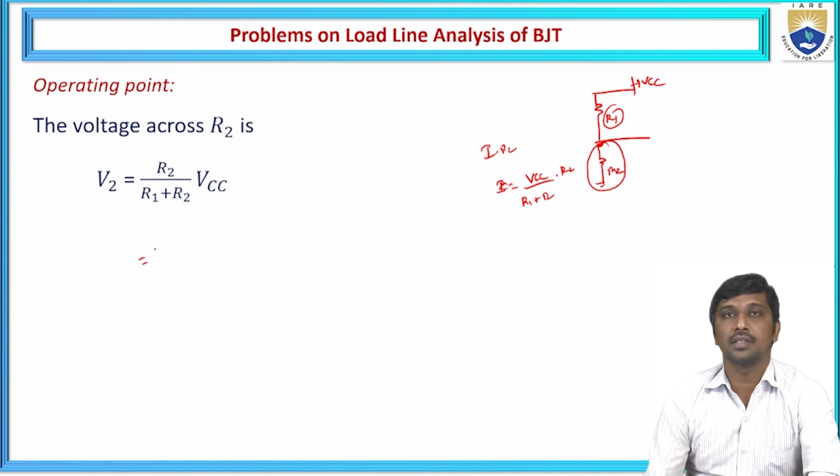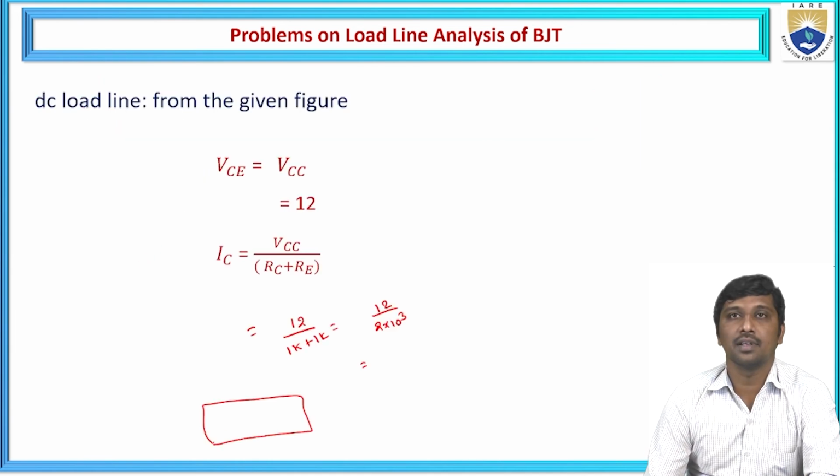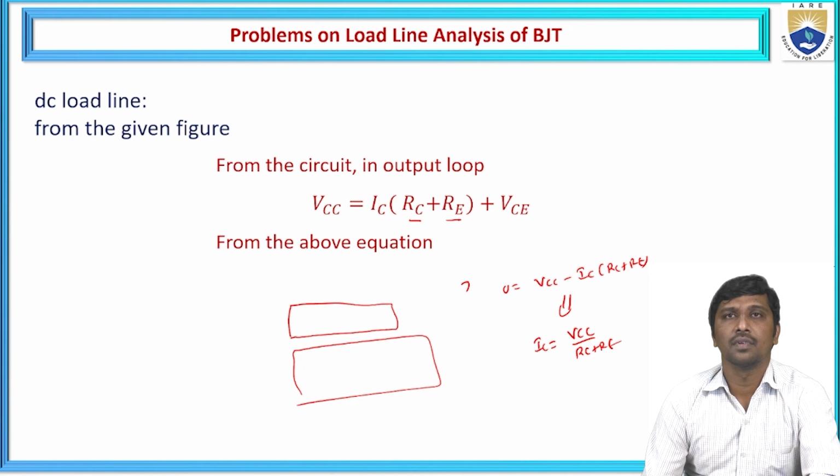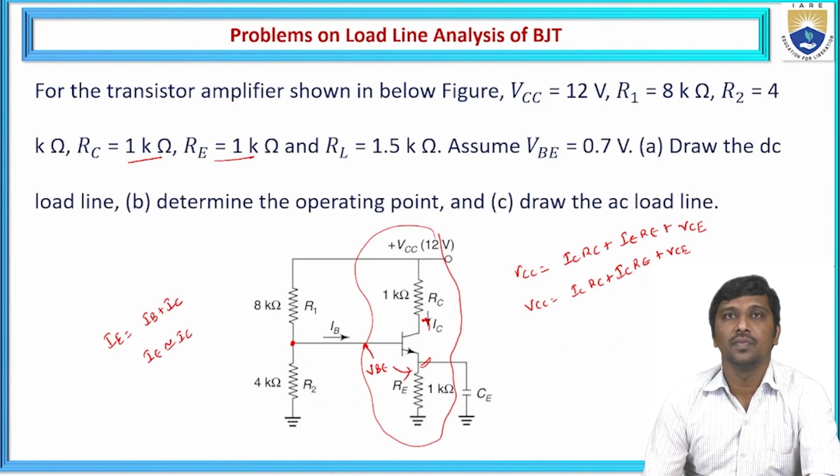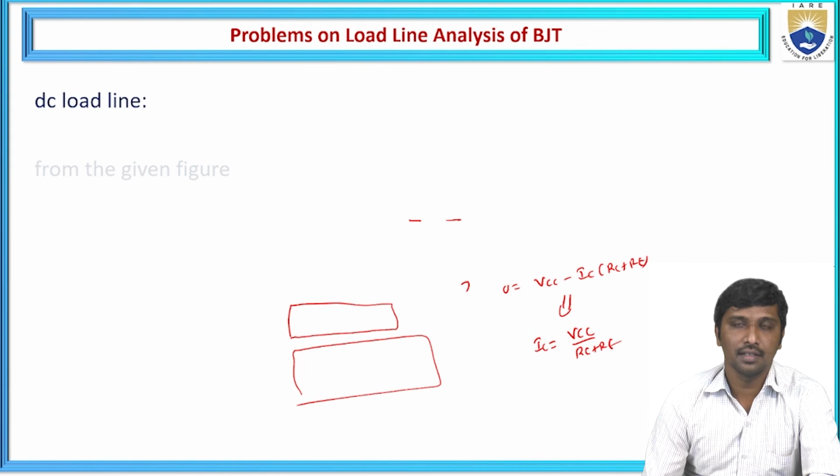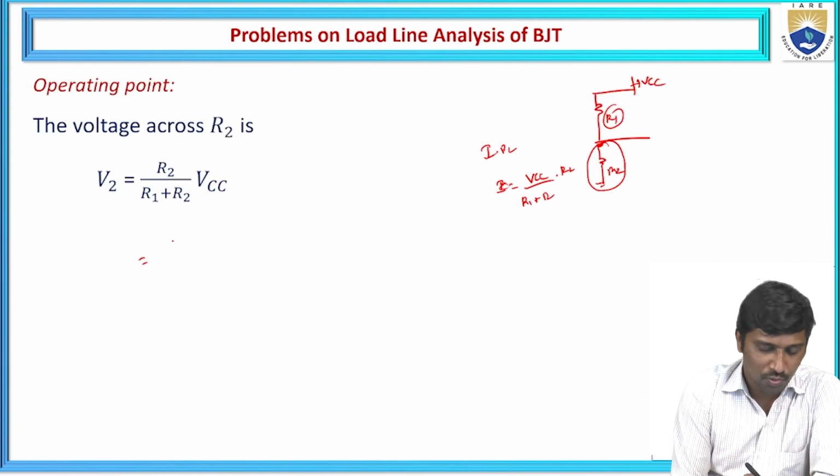Now you can substitute the R1 and R2 values here. The R2 value is 4 kilo ohms and R1 value is 8 kilo ohms.